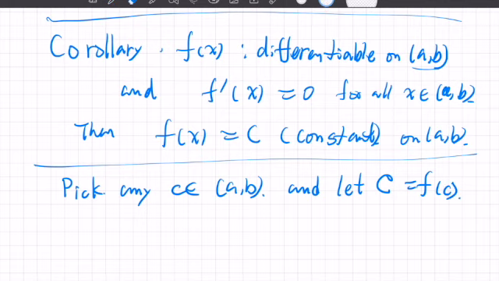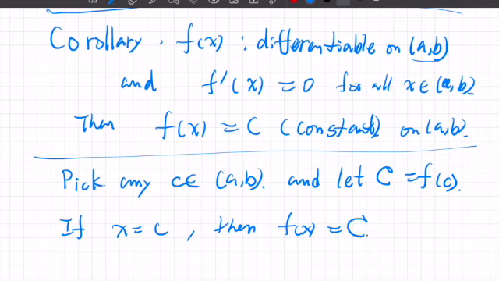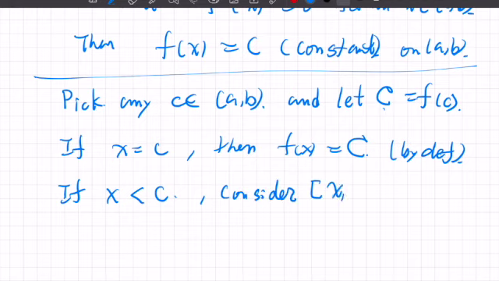Then if x is equal to c, then of course f of x is equal to this capital C, by definition. Then consider the case where x is less than c. Then we consider the interval between x and c.